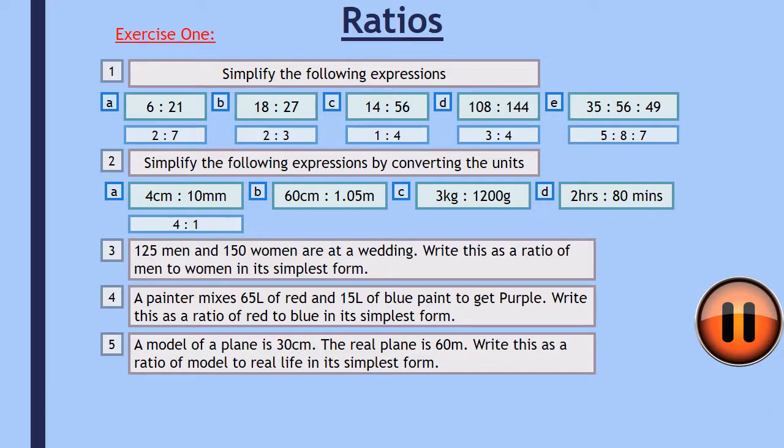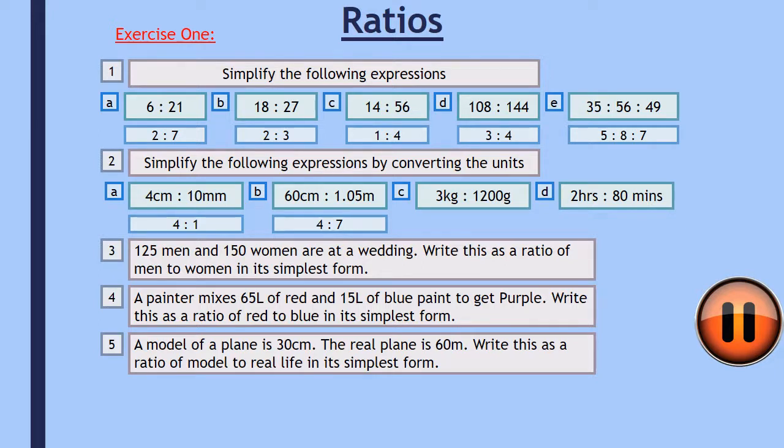Well, we know if a number ends in 0 or 5, then it's a multiple of 5. So you might have done it that way and divided it by 5 and then divided it again. Or you might have just realised straight away that you could divide it by 15. So there are 4 15s in 60 and there are 7 15s in 105.